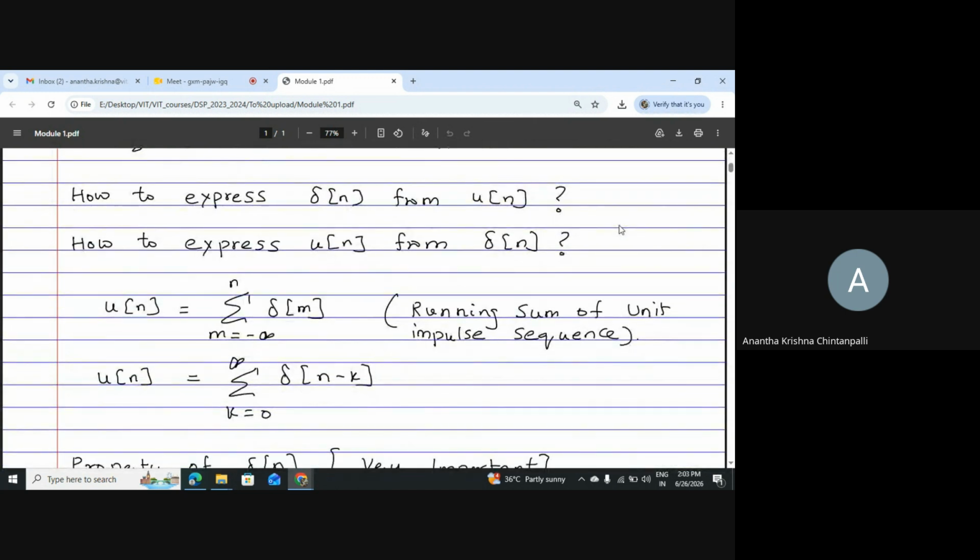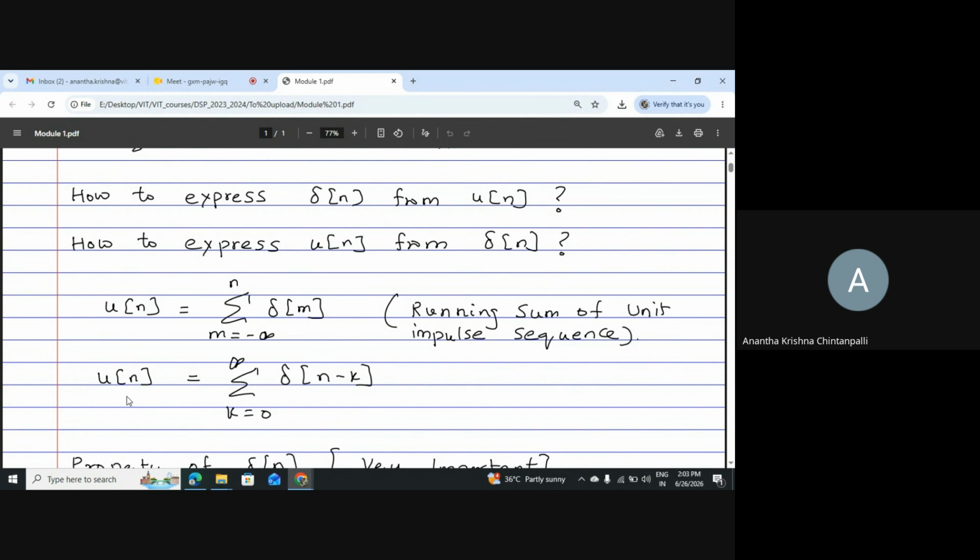Another way of describing the running sum is through a change of variable. A simple change of variable can be done: m is equal to n minus k. If you put that in, then the summation of k goes from 0 to infinity of delta of n minus k is again u of n.